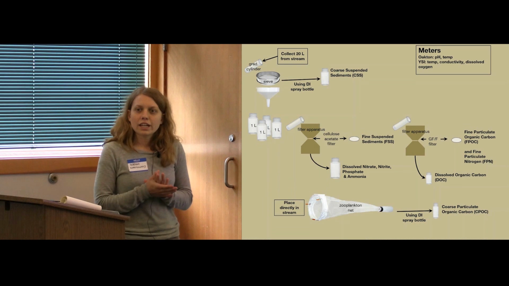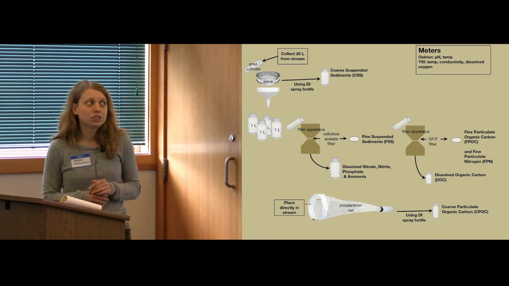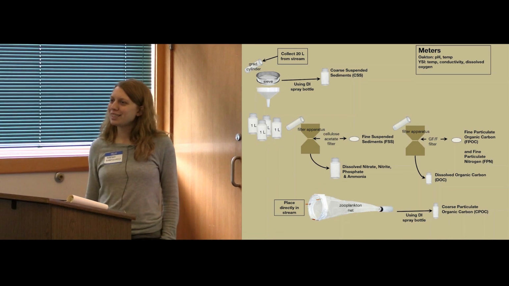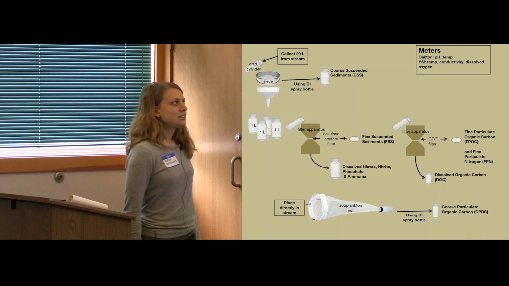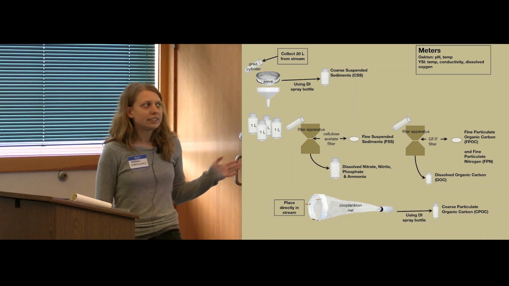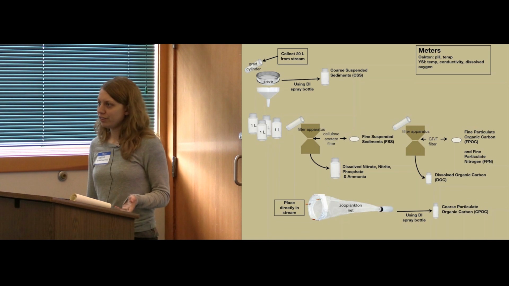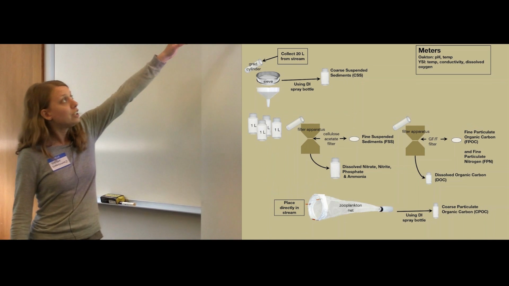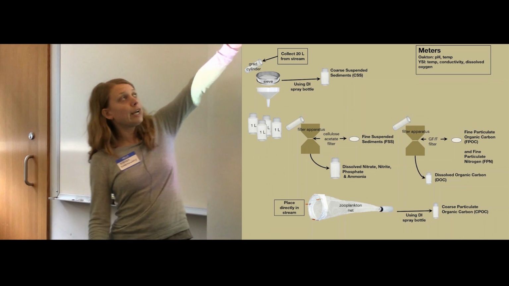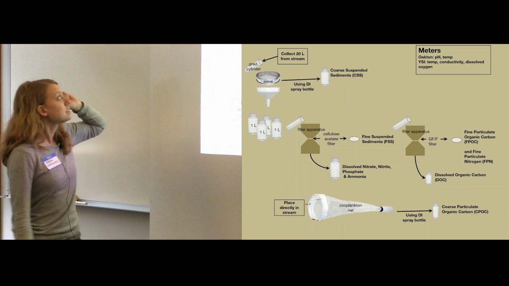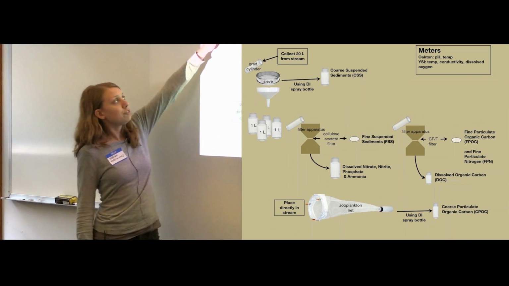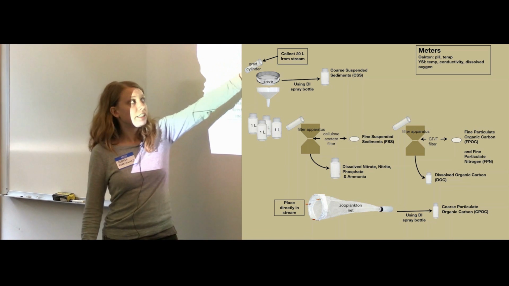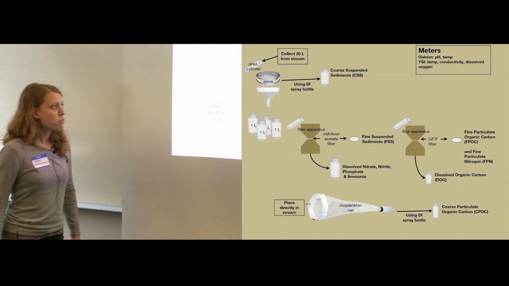This is the schematic that I used in the field to separate all of the different pieces of data that I was collecting, and I'll use it here to explain all of the different things that I measured. So I collected stream water and used a sieve to separate out the coarse suspended sediments. I then took that sieved water and filtered it to get the fine suspended sediments.